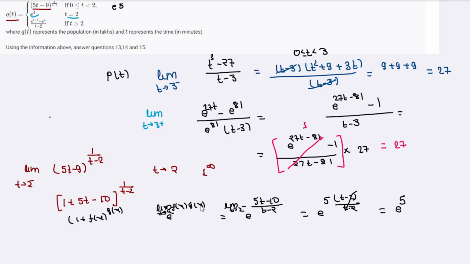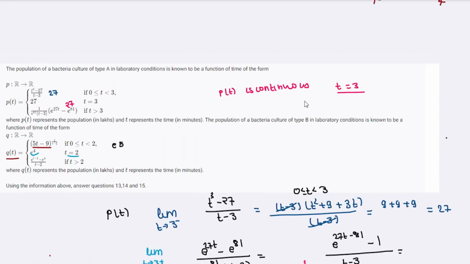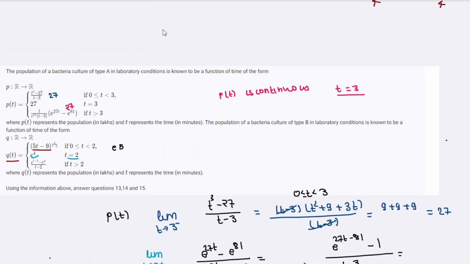and we have to compute the limit when t approaches 2 plus. But from here we can also conclude that q of t is not continuous, because when t tends to 2 minus, it is equal to e to the power 5, and at t equal to 2 it is e to the power 4.